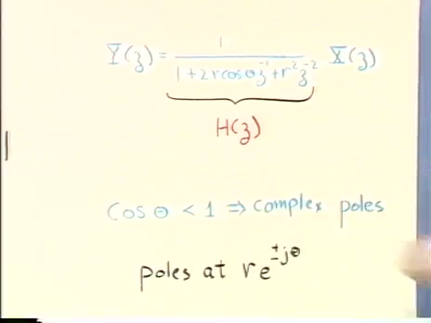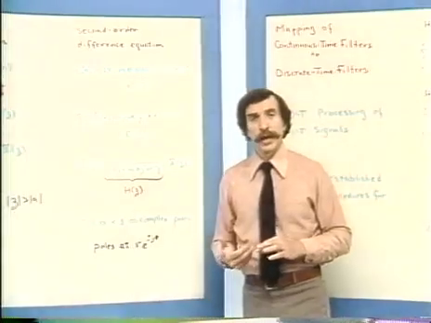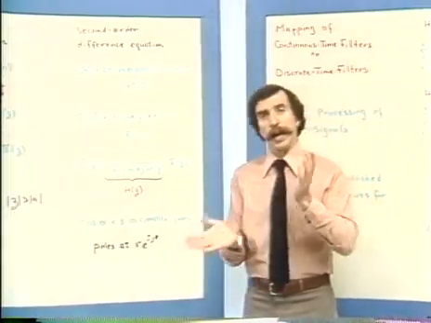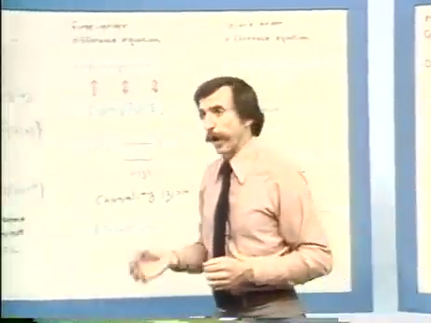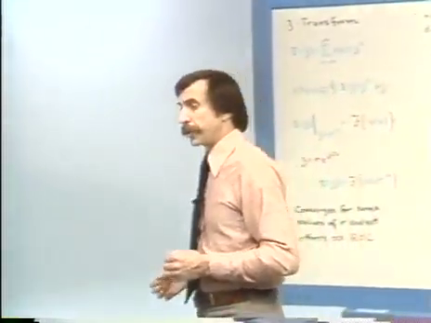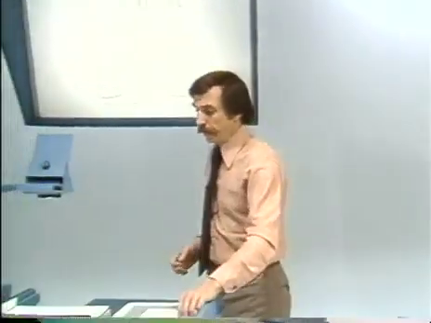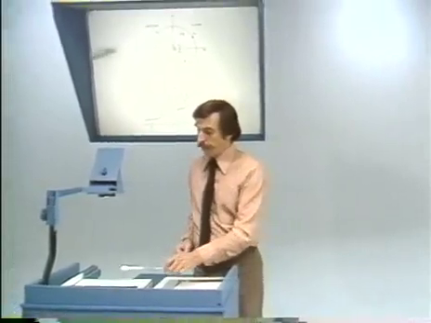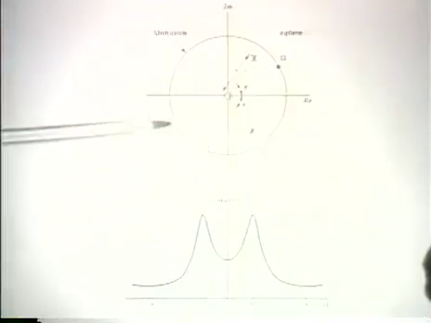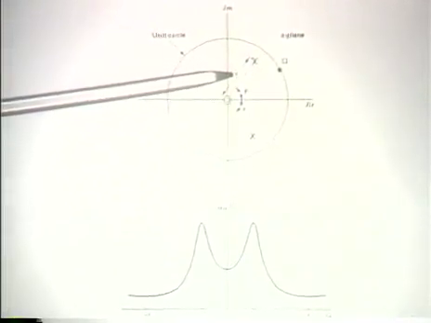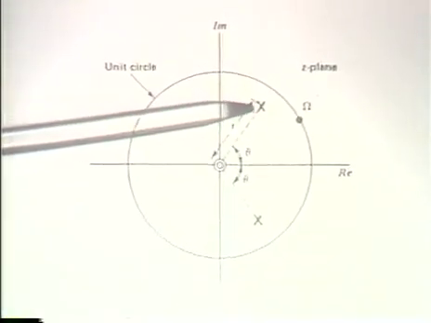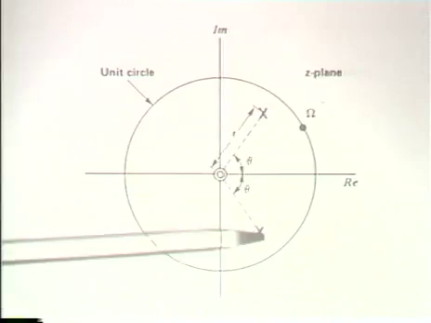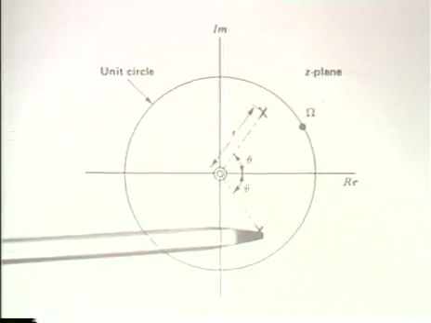So for cosine theta less than 1, the poles are complex, at an angle theta and with a distance from the origin equal to the parameter r. Let's look at that. What I show here is the pole-zero pattern, assuming that r is less than 1 and that cosine theta is less than 1, and we have a complex pole pair shown here.